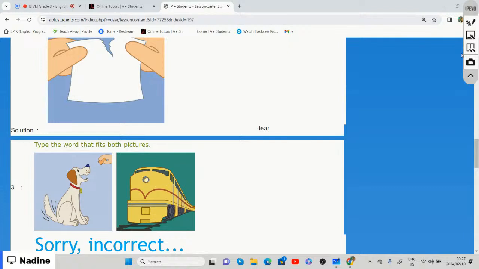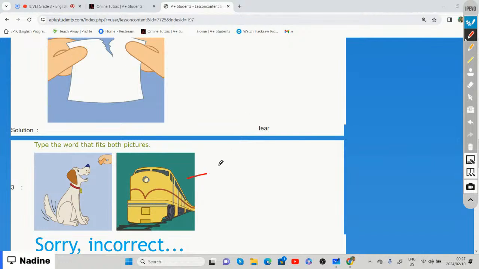Yes. So which means that this form of transport, we call it a train, right? So it's a train.